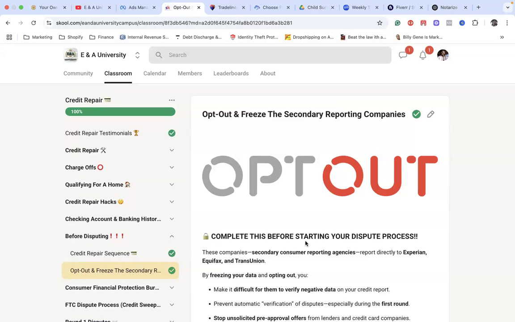It's for the bureaus to prove that you weren't. The same way you're disputing the item and saying this item is inaccurate, it's for them to prove that it is accurate. Since when is the obligation on you to ever prove anything when you never even put that information there in the first place?